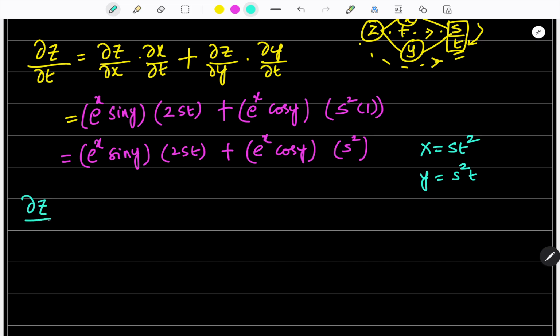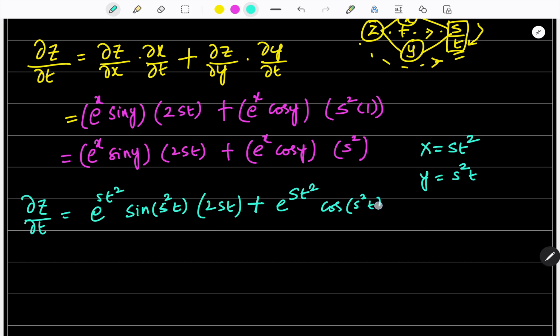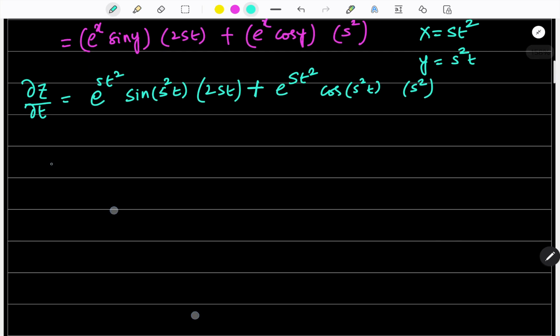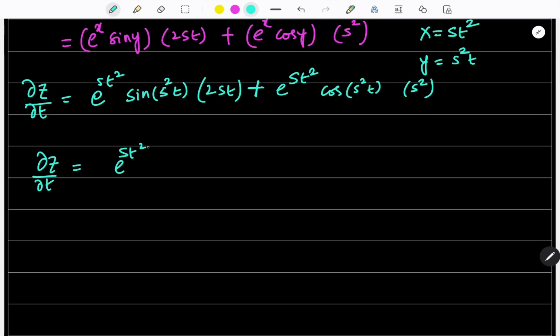So therefore dou z by dou t is equal to e power s t square sine s square t times 2st, plus e power x, where x is s t square, cosine s square t times s square. So let me write the answer in a good way. Dou z by dou t is equal to e power s t square sine s square t.